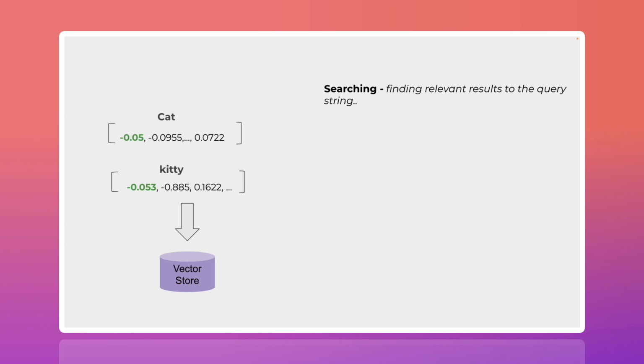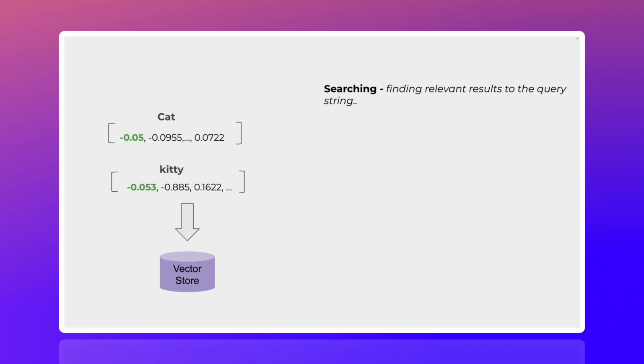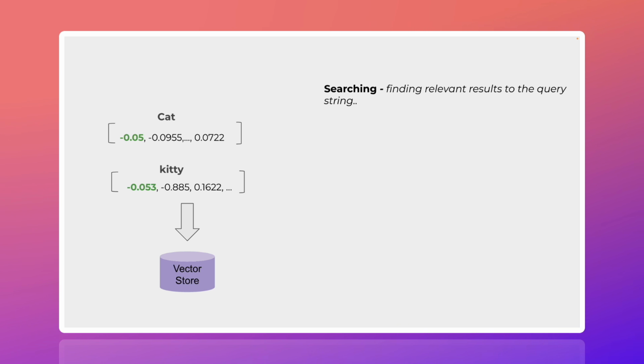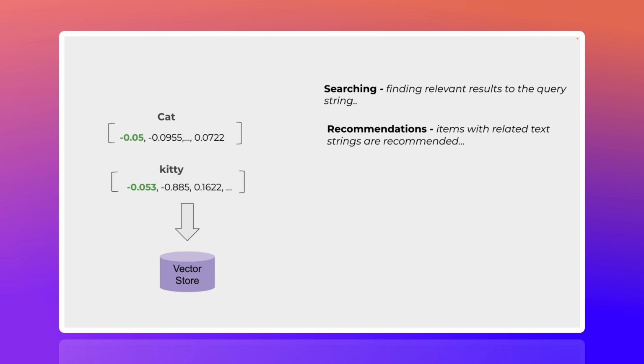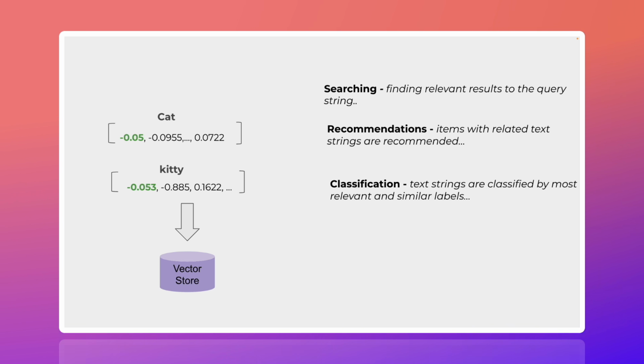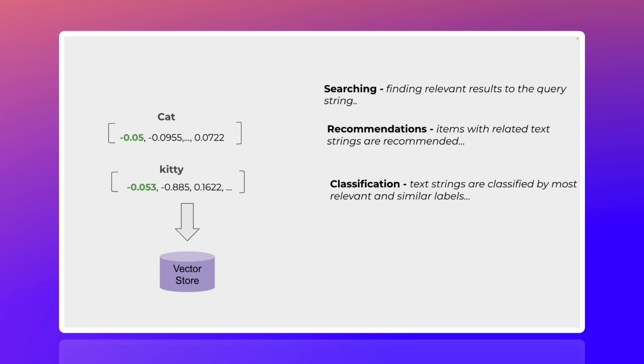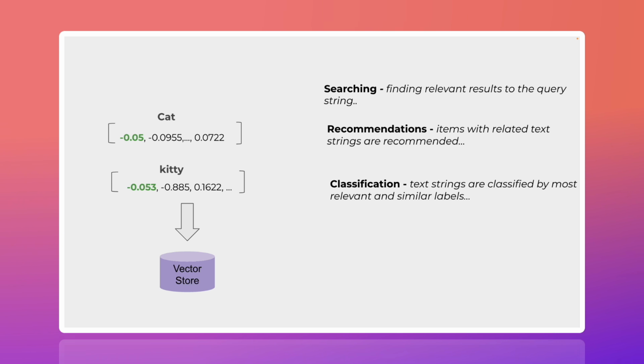You can use all of this in searching, for instance, if you're building a system that wants to find relevant results for a query string. Recommendation systems, for instance, find items with related text strings to recommend. And classification classifies strings by the most relevant and similar labels. These are some use cases when we talk about vector stores, vector databases, embeddings, and so forth.